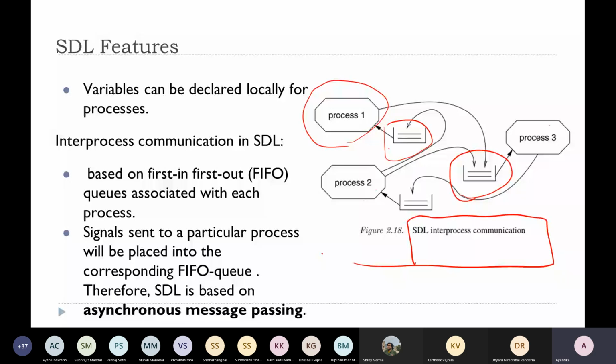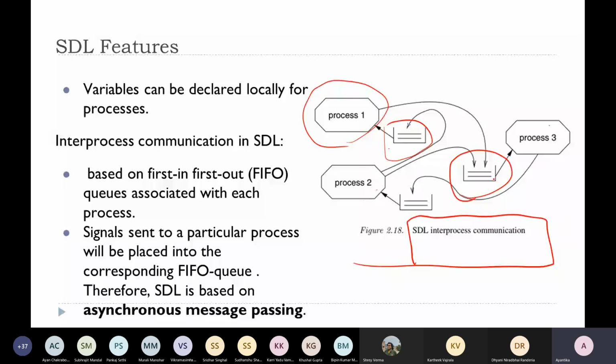So the idea is that the communication here is totally asynchronous. It is not that for this communication the two processes should be in sync and then the communication will take place. Here the process communication is totally asynchronous. Process 1, whenever there is a state change or a value change of any signal that should be communicated to some other processes, maybe process 2 or process 3, that value is getting stored in that queue.